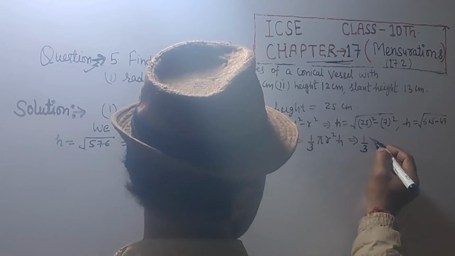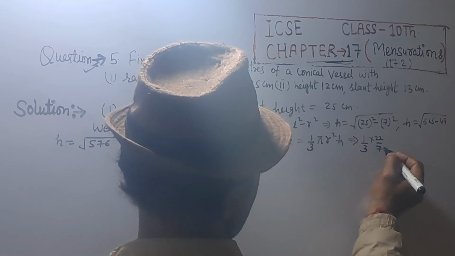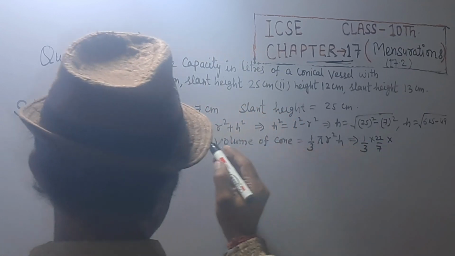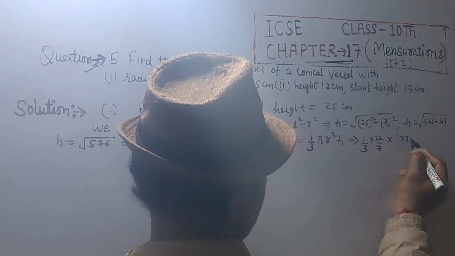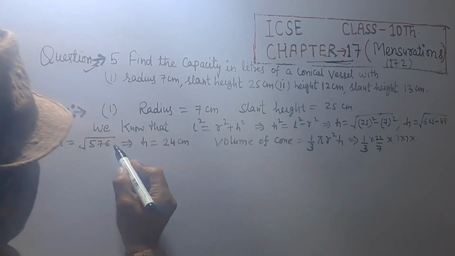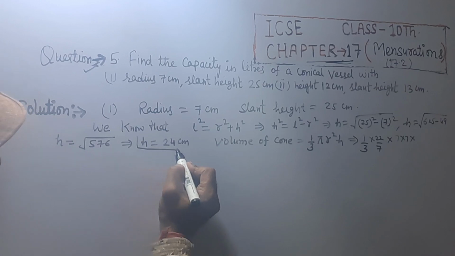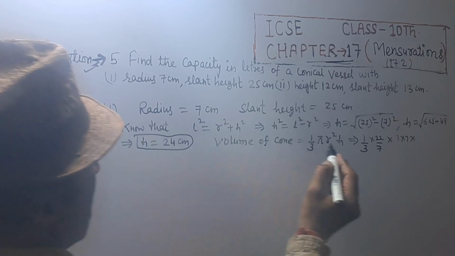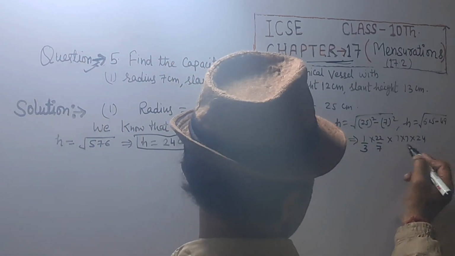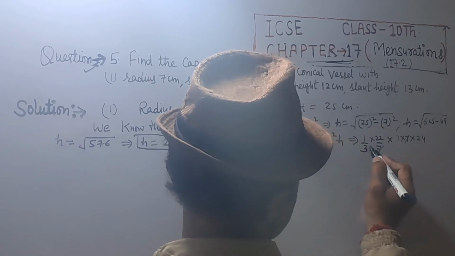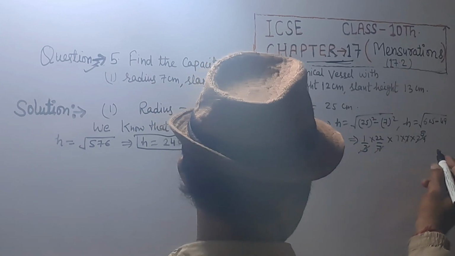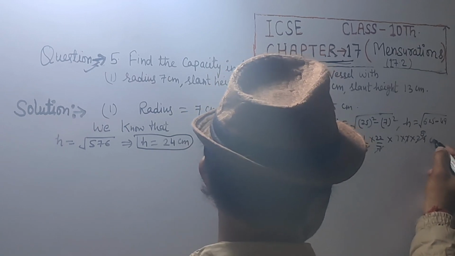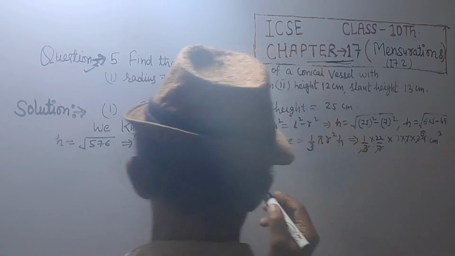One upon 3 into 22 upon 7 into radius 7 into 7 and height equal to 24 centimeter. 7 is cancelled. 3 8s are 24 centimeter cube.